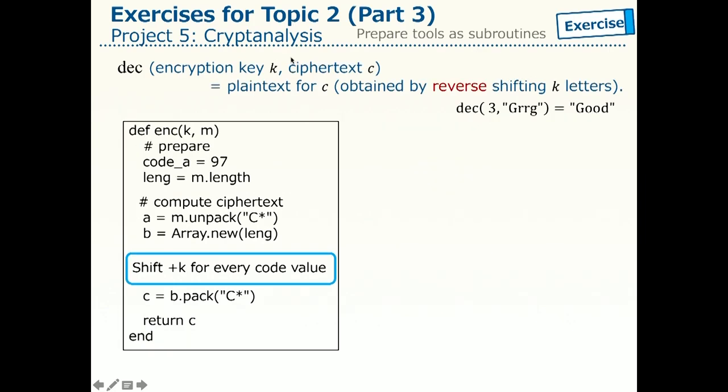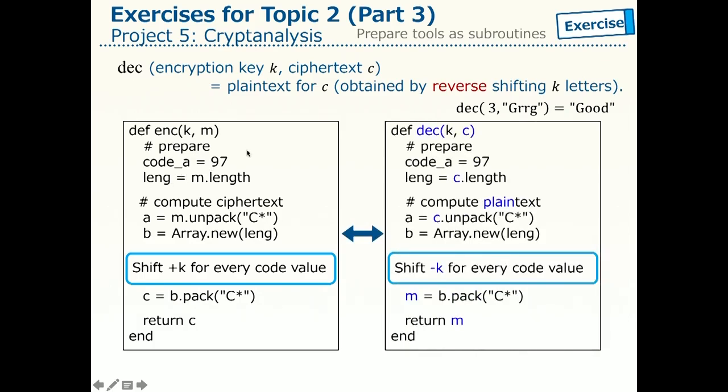Next, consider the subroutine realizing the decryption. Since we have the definition of the subroutine for encryption, defining the one for decryption is not so difficult. The subroutine for decryption is defined like this. Let us call it dec. You see, enc and dec are quite similar.